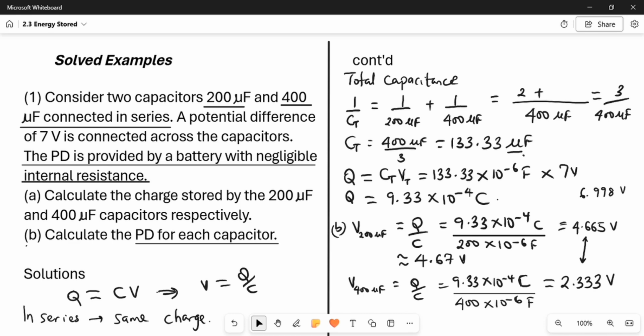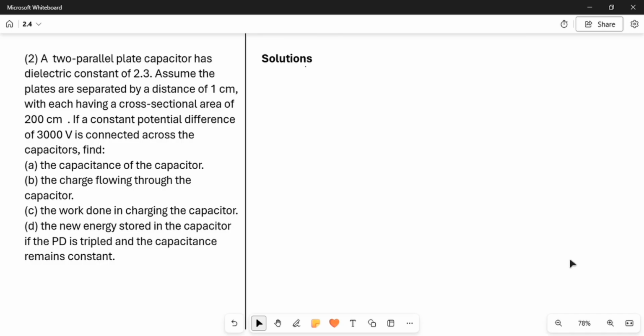Here we have a parallel plate capacitor with dielectric constant 2.3. We are told to assume that the plates are separated by a distance of 1 centimeter with cross-sectional area of 200 cm squared. The constant potential difference is 3000 volts.